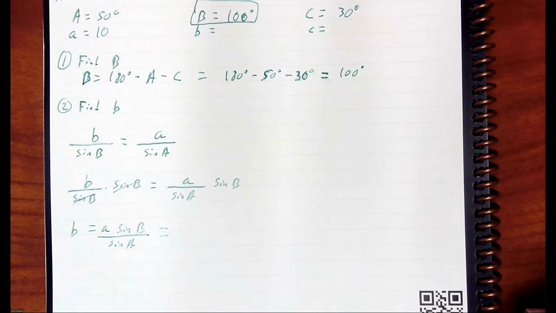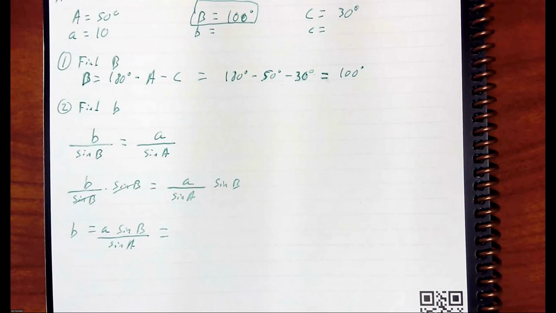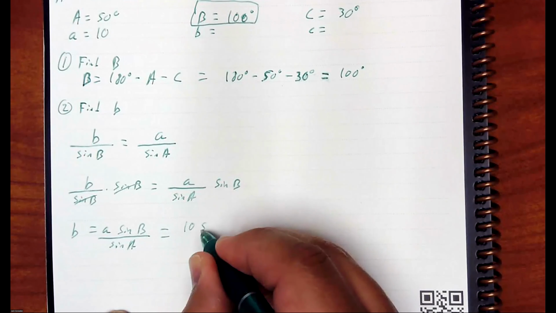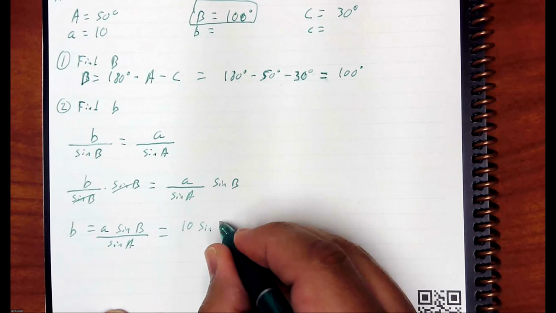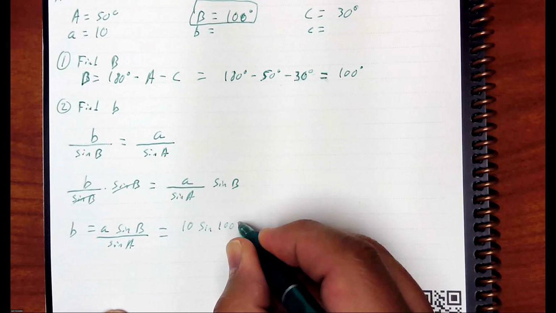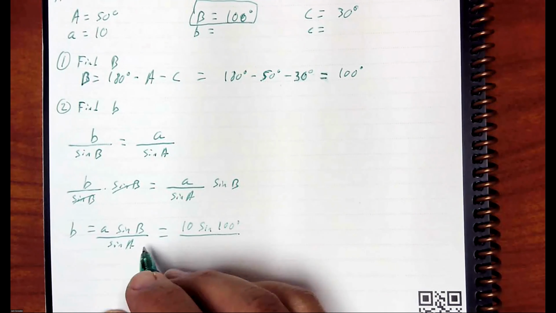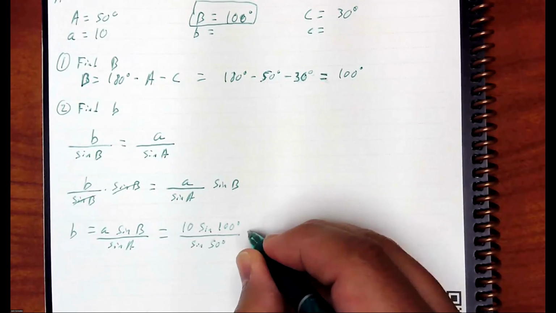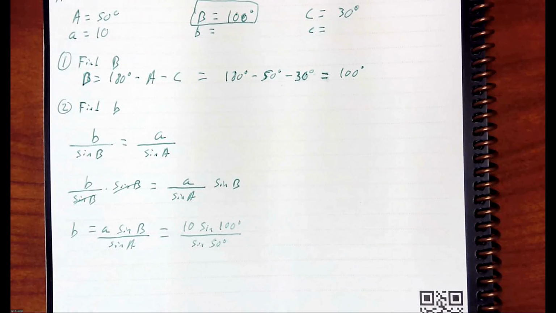This whole chapter, you're going to need a scientific calculator or graphing, either one. So a is 10, sine of B, which is 100, we found that earlier, over sine A, sine of 50. Make sure your calculator's in degrees, then plug it in.